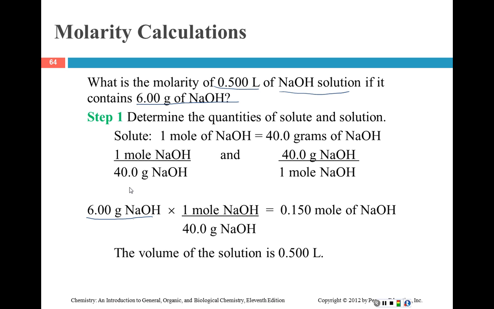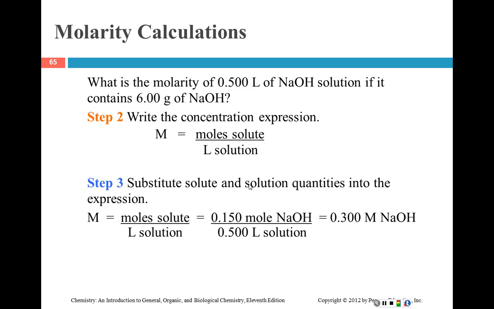Sodium is 23, oxygen is 16, and hydrogen is 1, so that gives you 40 grams in 1 mole of sodium hydroxide. So 6 grams sodium hydroxide times 1 mole over 40 grams, so the grams cancel. That gives you 0.150 moles in 0.5 liters.